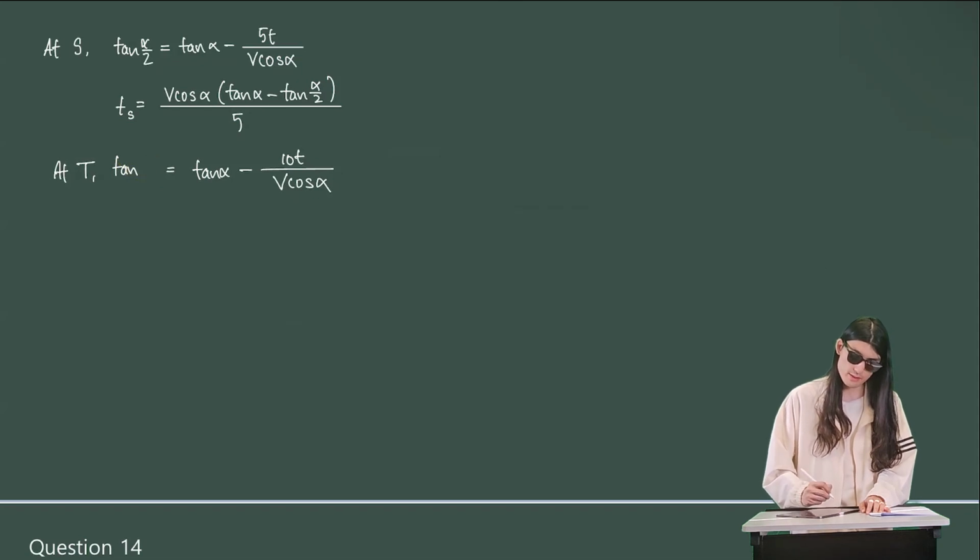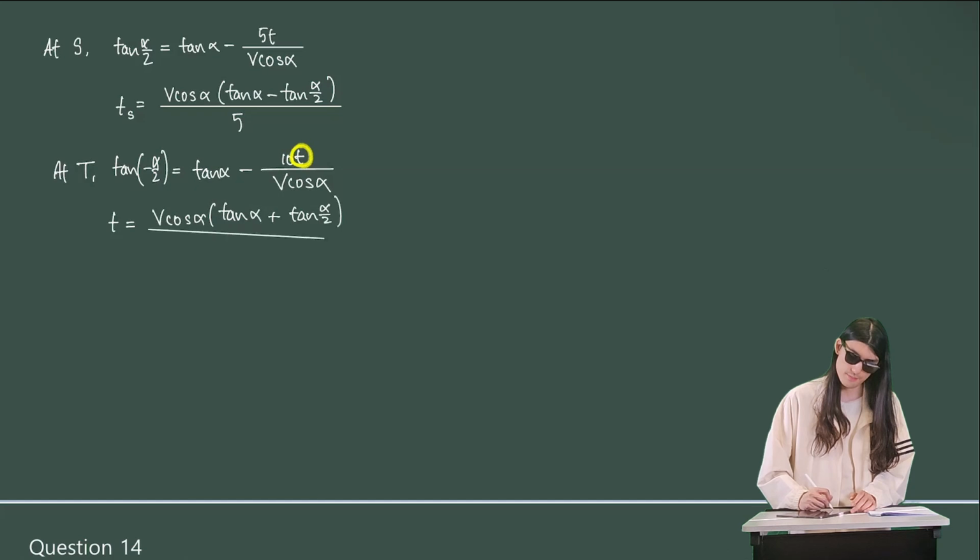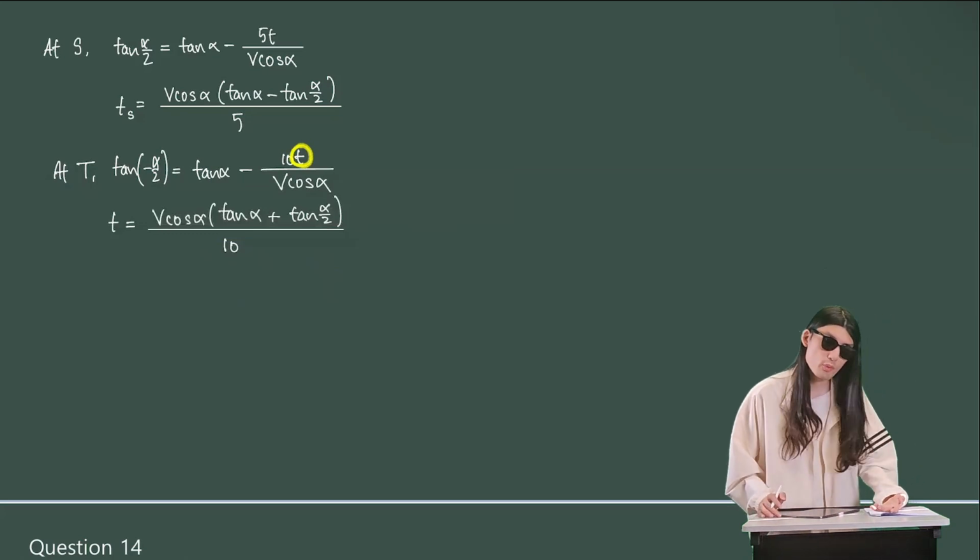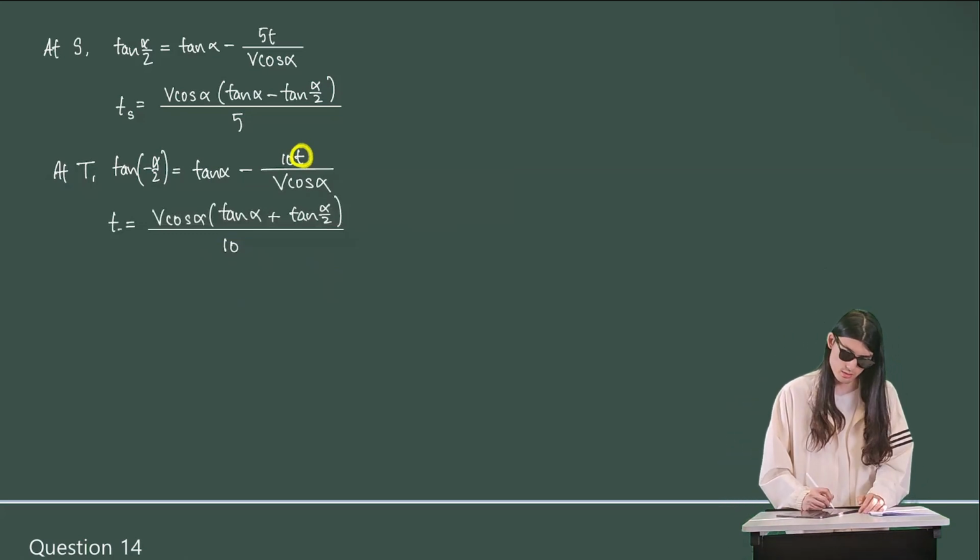So I will rewrite this as negative alpha on 2. And that equation is arranged so that the t over here becomes the subject, like this. This is then the expression for the projectile to reach point T, and I'll denote that as capital T.